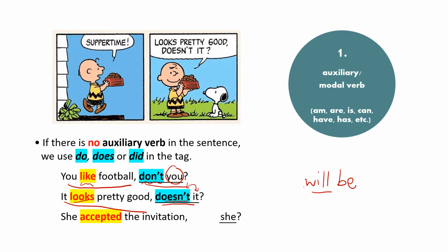For the last one, "she accepted the invitation," we use didn't because accepted is in simple past tense. And because she accepted the invitation, it is a positive statement. Therefore, we use a negative question tag.